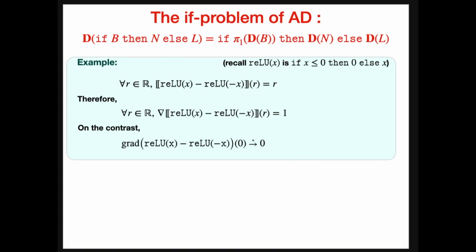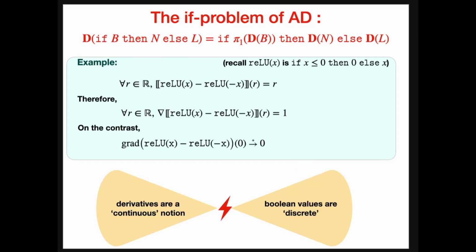So here we have a mismatch between the mathematical notion of derivatives, which are continuous, and the Boolean type, which is discrete. There is no continuity in jumping from a then expression to an else one when evaluating a conditional. This is, from my point of view, the essence which is hidden behind this mistake.